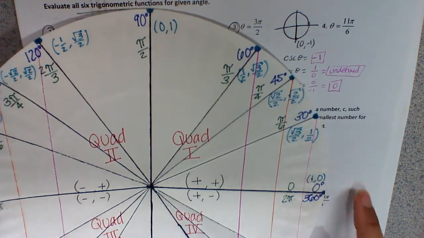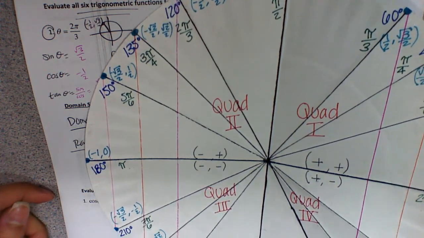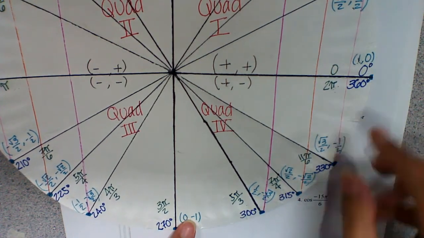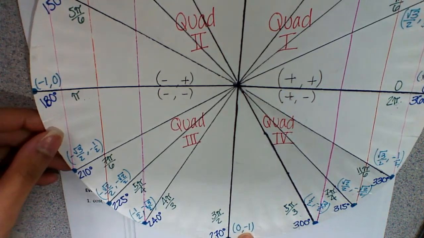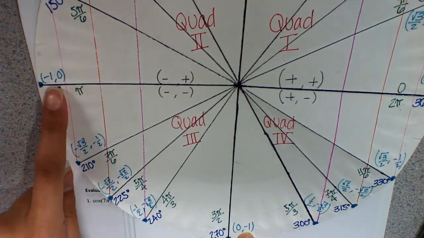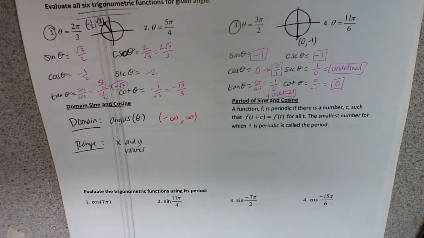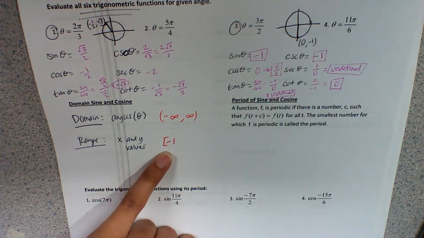So take a look around the unit circle and look for the very smallest value in your coordinate. And if you look through, your smallest is actually -1. -1 is the smallest x and y value on the unit circle. So because that's the case, I know that the lowest I can go on my range for both sine and cosine is -1.